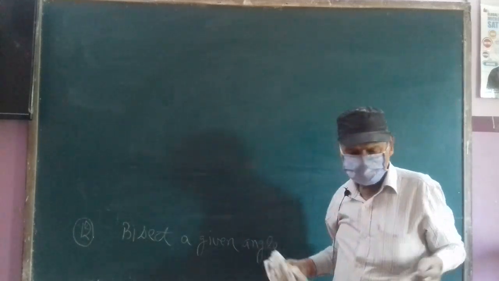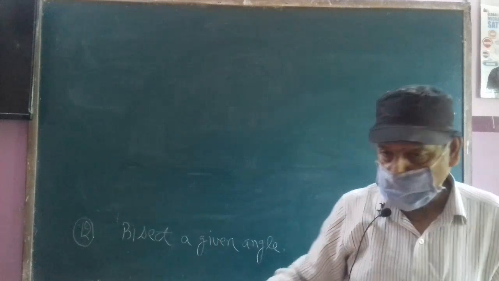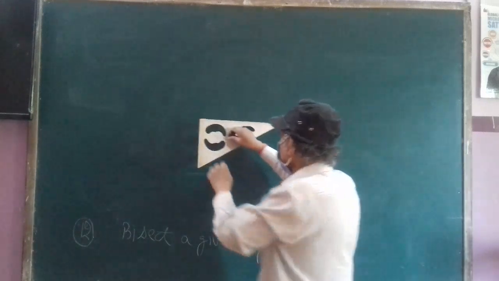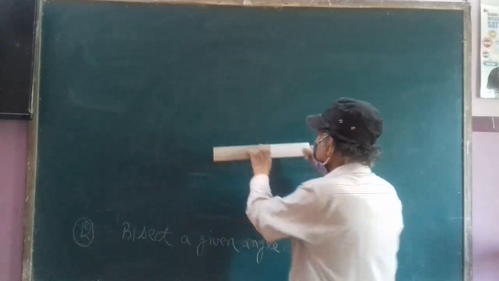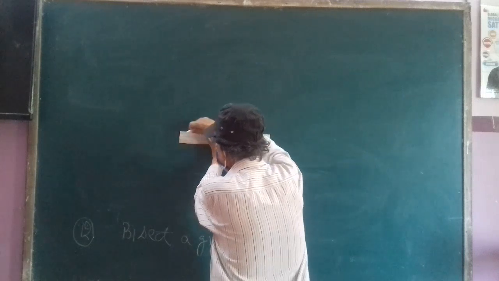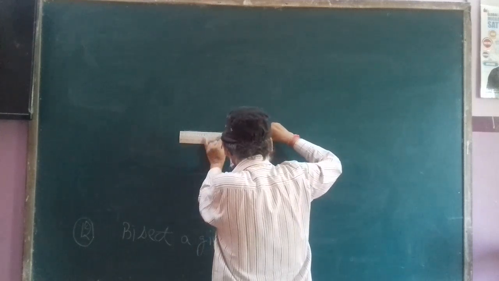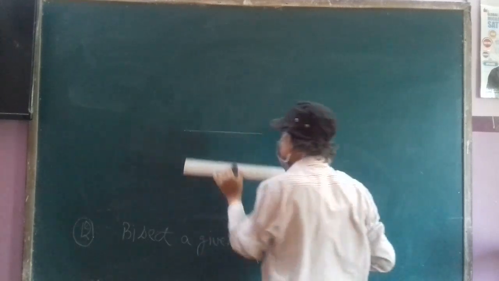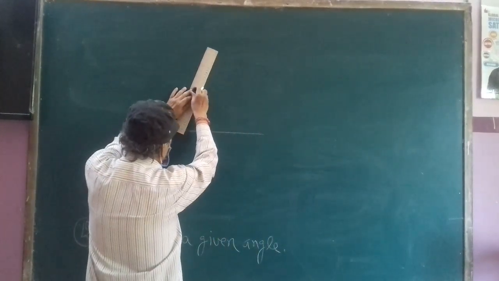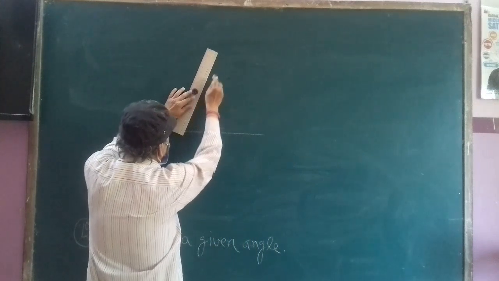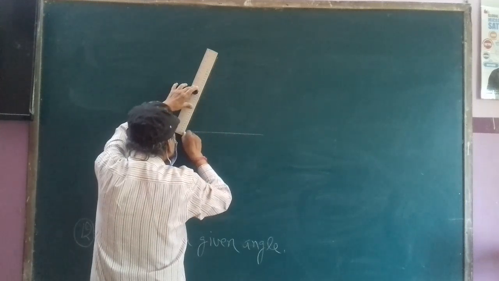This is to bisect a given angle. Very simple. Bisect means to make two equal parts. So let there be an angle. It may be any angle, acute, obtuse, or any angle.